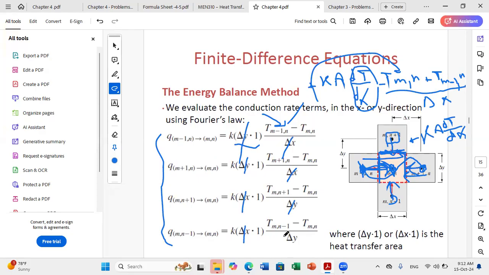And you can take K as a factor. So if you add these 4 terms, first look, T(m,n) is present everywhere. So you get minus 4 T(m,n) plus T(m-1,n) plus T(m+1,n) plus T(m,n+1) plus T(m,n-1), times K, of course.